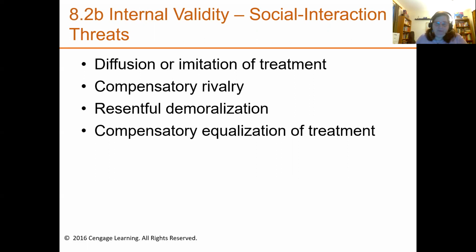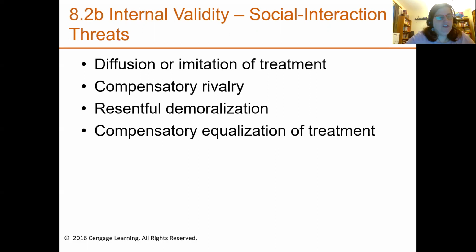Now, this one happens when one group knows the program another group is getting, and because of that, develops a competitive attitude with the other group. Still, we're learning about what the other group is getting, but this time we're just talking about feelings of rivalry in response.